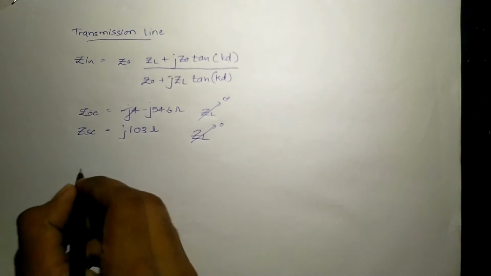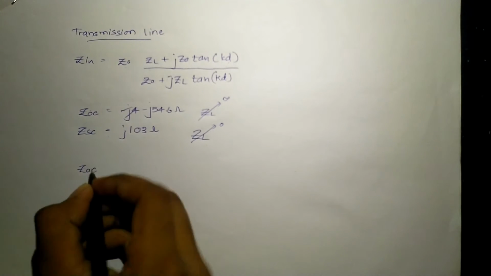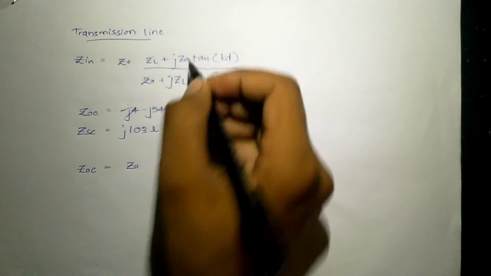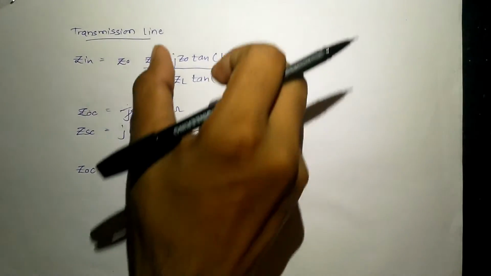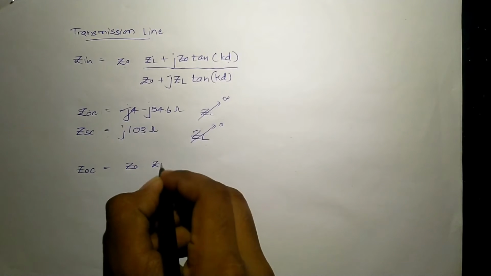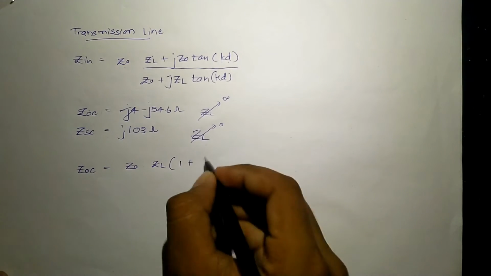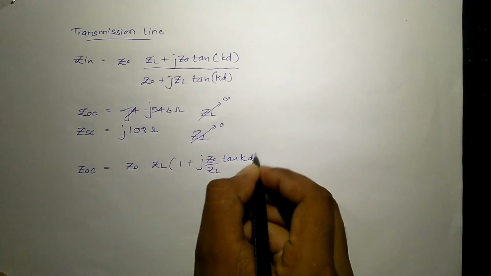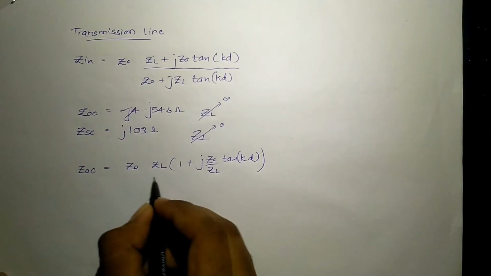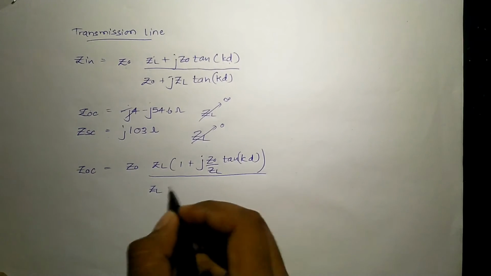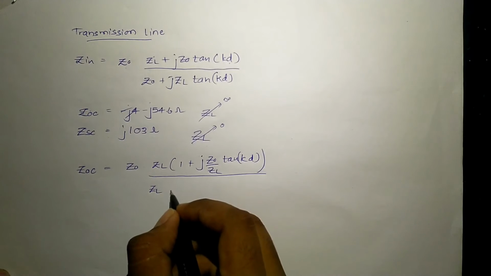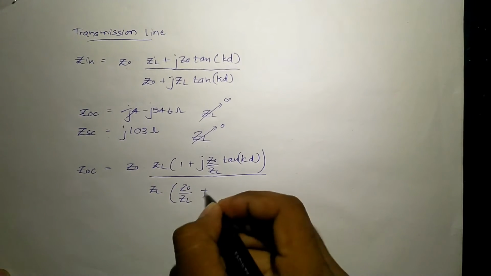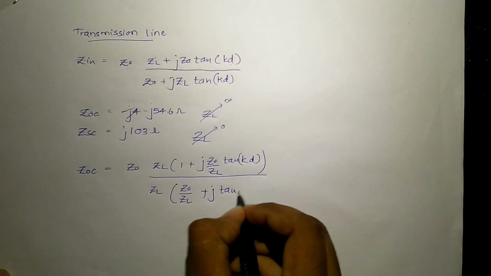So ZOC is equal to Z0, with ZL taken away from the expressions, like (1 plus jZ0 over ZL tan KD), and likewise in the denominator, Z0 over ZL plus j tan KD.